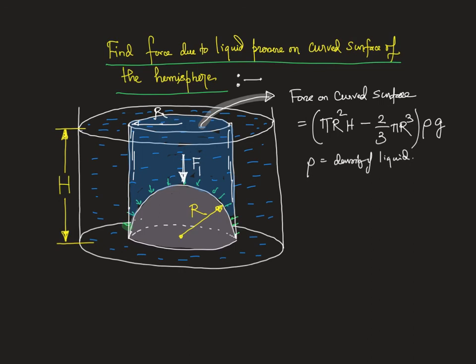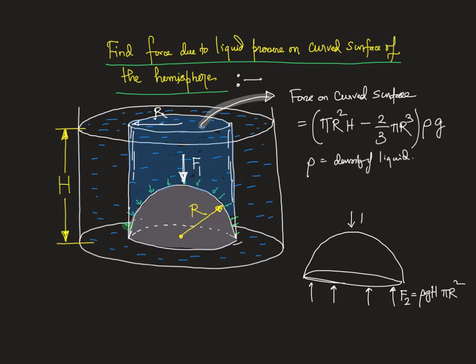So we can also verify whether it is true or not from the concept of buoyancy. So suppose this hemisphere, liquid will get from the bottom into the small space, and from the bottom it will exert a force F2, which is equal to pressure rho g h, the whole height, multiplied by pi r square.